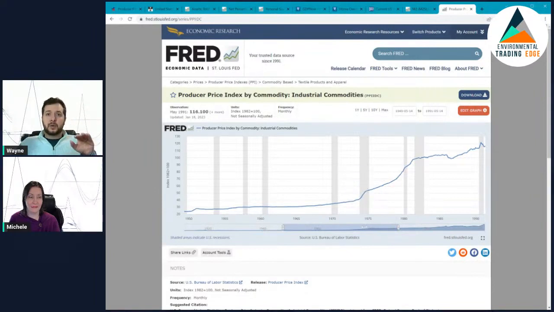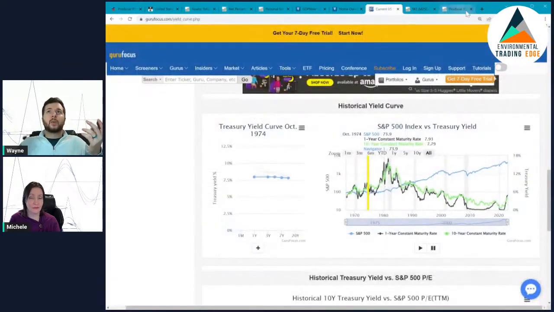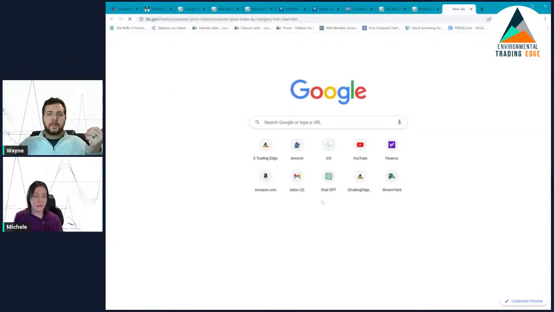We debased the US dollar. That's what happened in the 70s. So that was a whole whirlwind of craziness, right? You can see here in 2000, our commodities dropped a little bit faster. They dropped halfway in 2008. They're dropping right now. So where will that lead us? We'll see. Also, you can see where we are on a CPI basis.